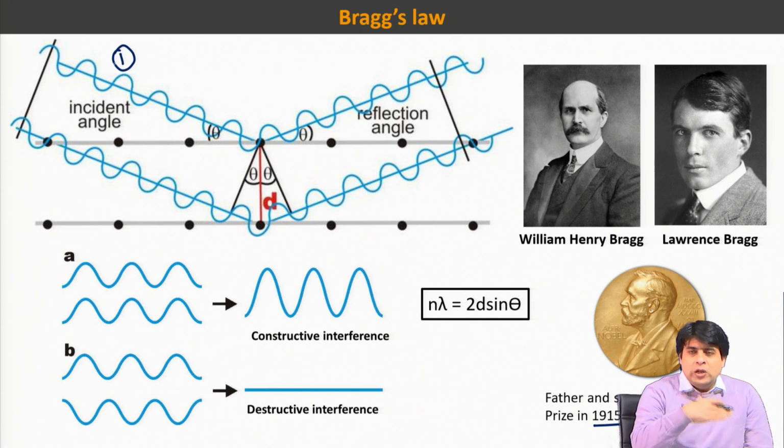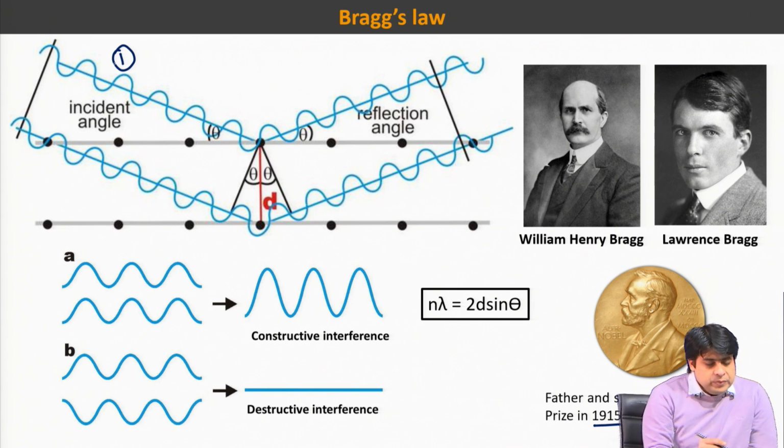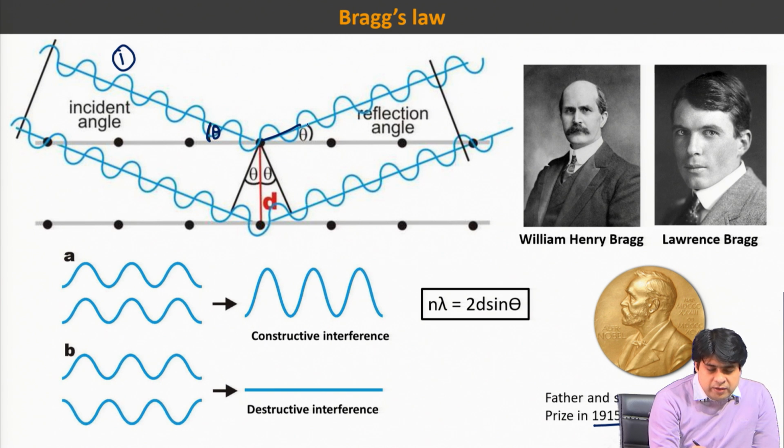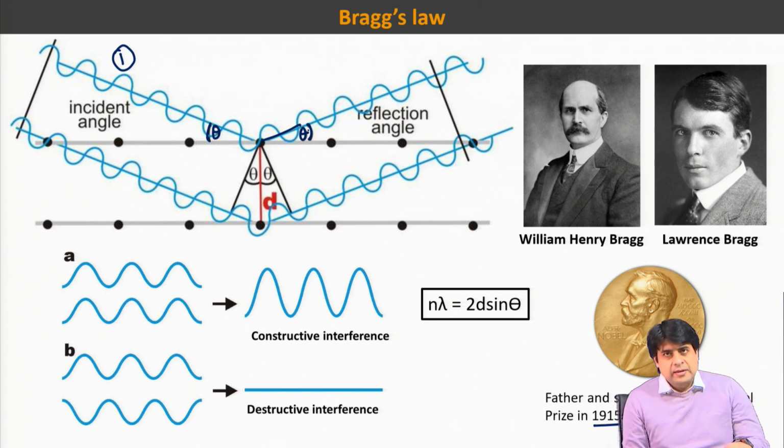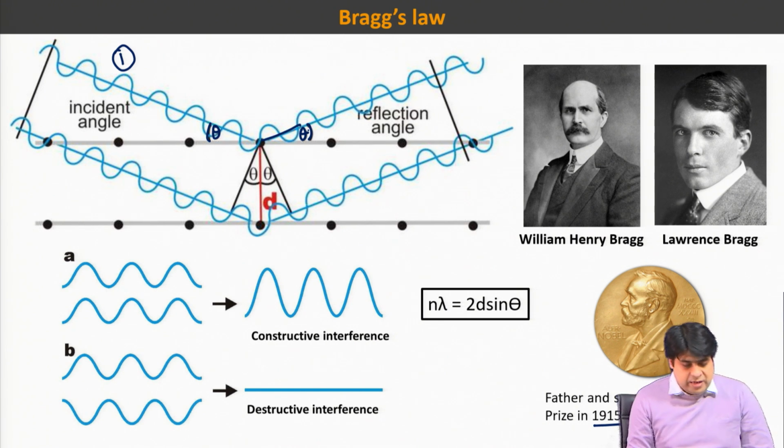If you take all the planes as flat mirror planes, this X-ray with some wavelength will strike an atom at a particular HKL plane at an angle theta, and it will reflect at the same angle theta, because this is a flat mirror plane.